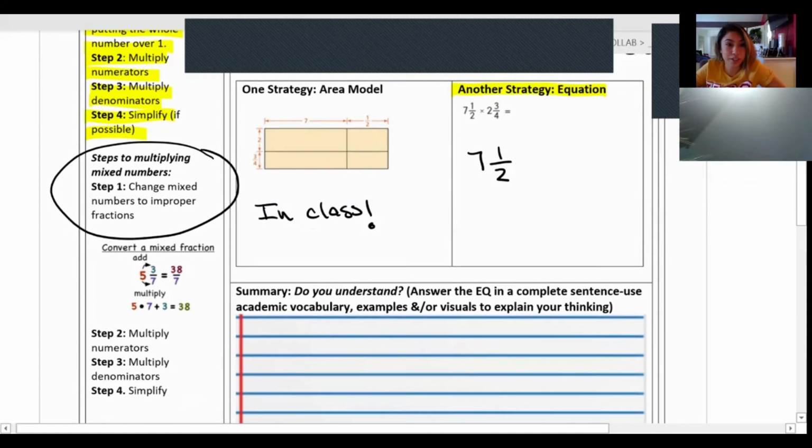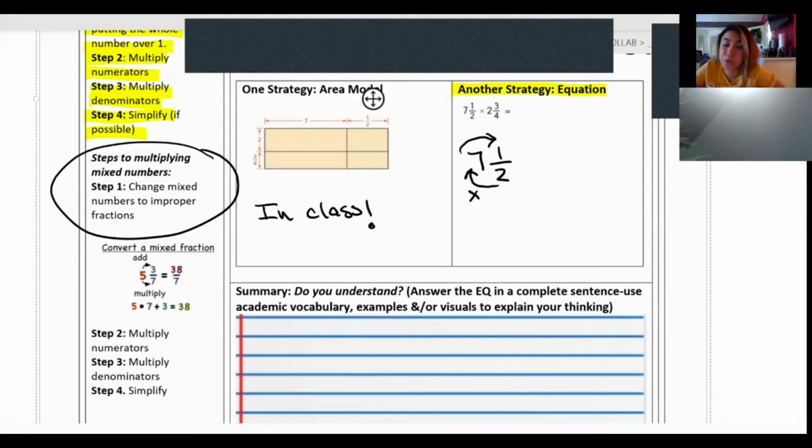So we're going to convert by our first step, we take our denominator in the fraction part and multiply it by our whole number. So that 2 multiplied by 7. After we find that product, then we'll add our numerator to our product, and then that will be our new numerator, and we keep it over the same denominator.